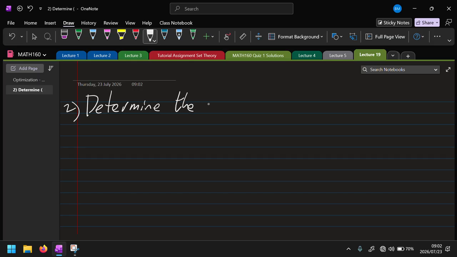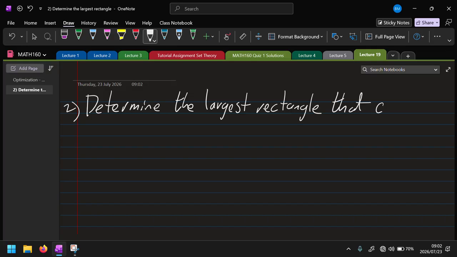Determine the largest rectangle that can fit inside a unit semicircle.